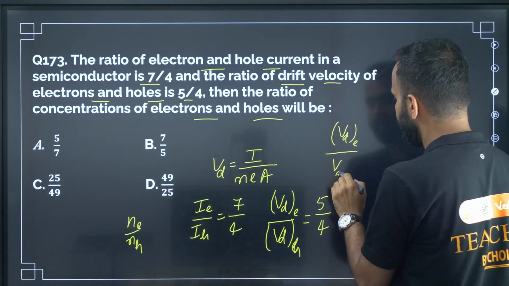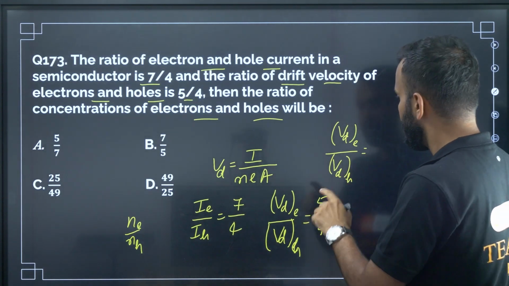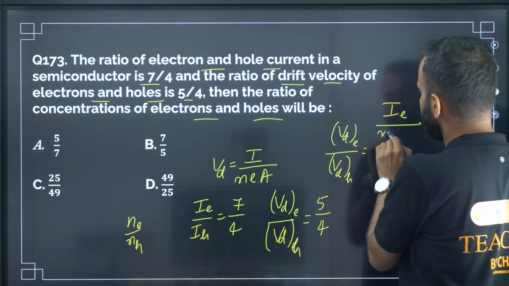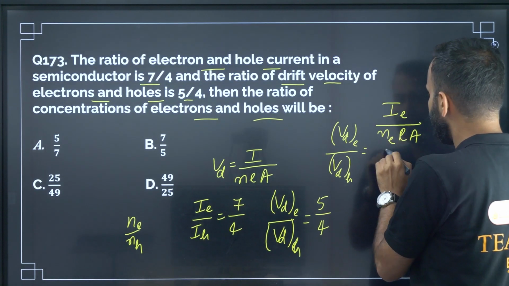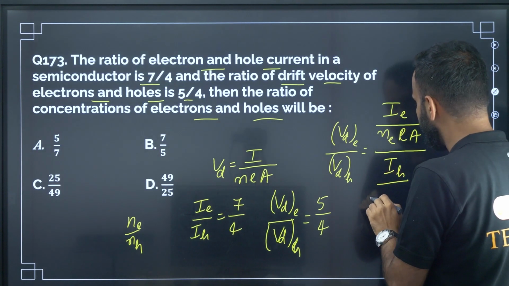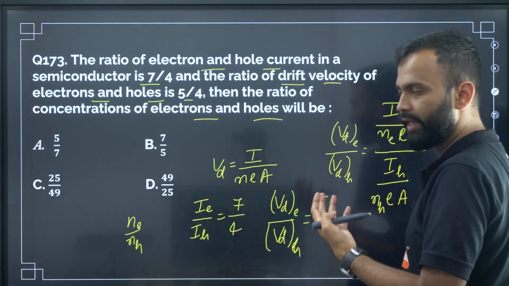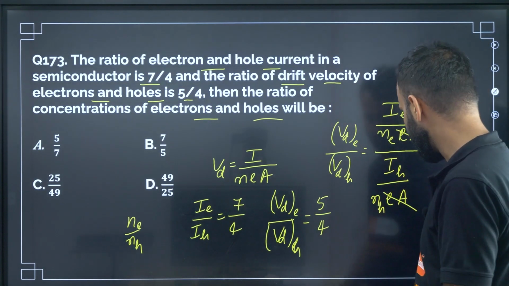VDE divided by VDH is equal to IE divided by NE into E into A, divided by IH divided by NH into E into A. The charge of the hole and electron is the same, and the area of cross section is also the same. So 1 by EA will get cancelled.